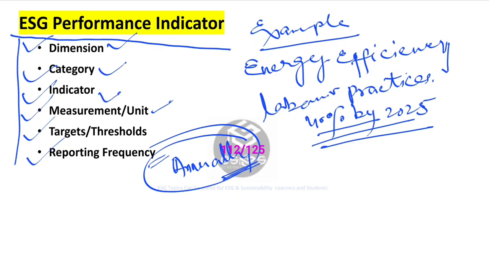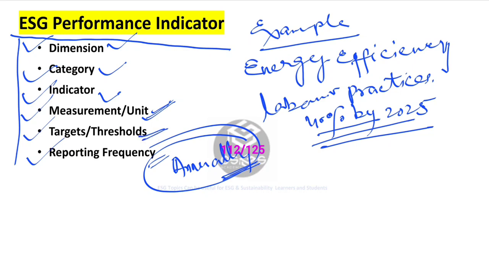Then comes indicator. In indicator we define the specific metric used to measure performance within each category. Then what can be the measuring unit? It describes how each indicator is quantitatively measured, for example, metric tons, CO2 equivalents, or percentage.